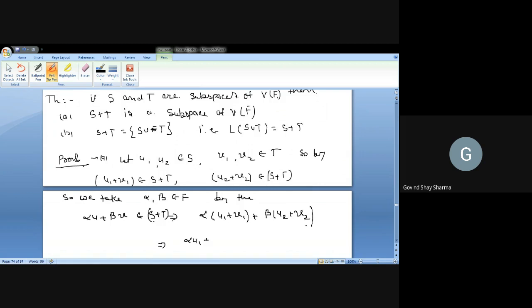Alpha u1 plus alpha v1 plus beta u2 plus beta v2.